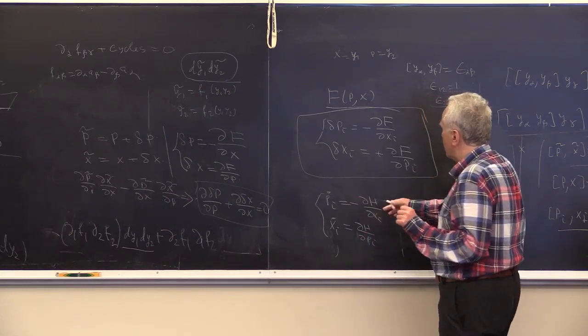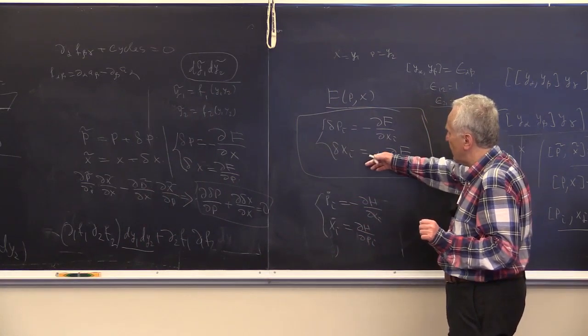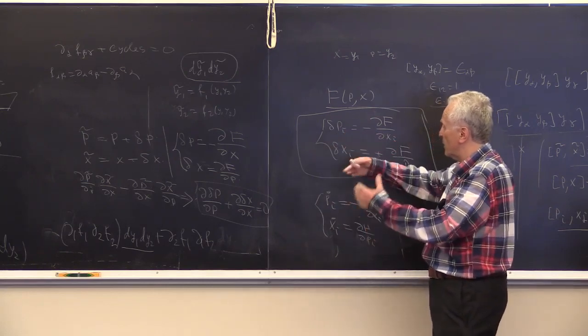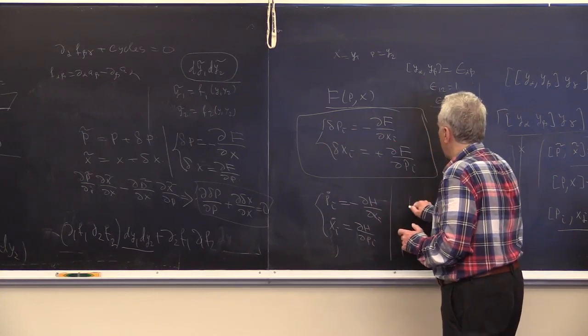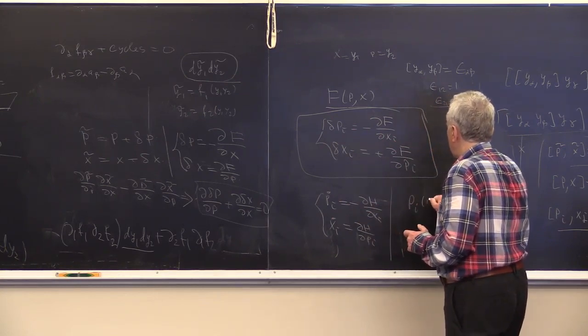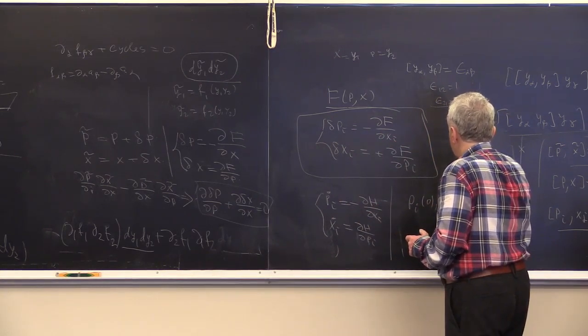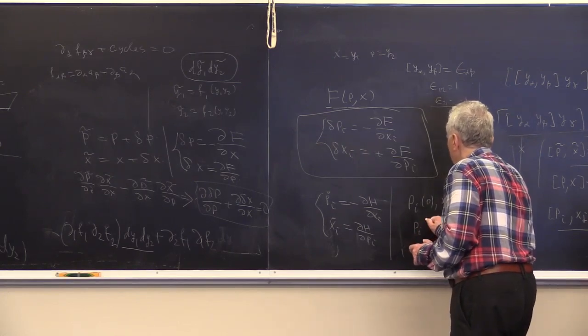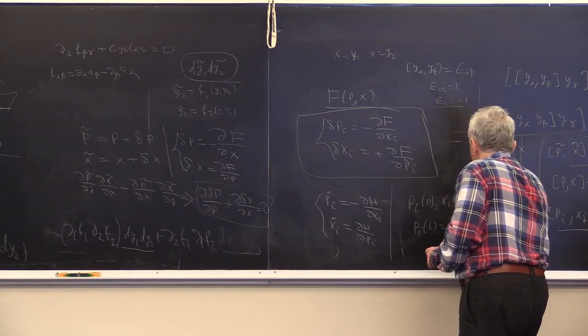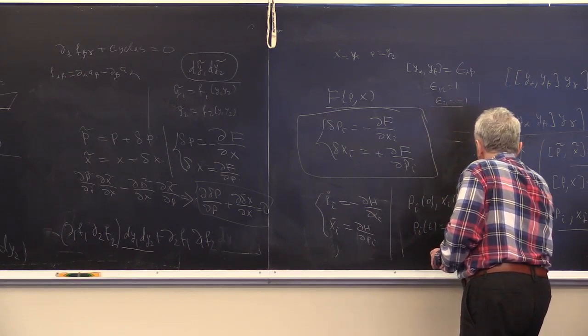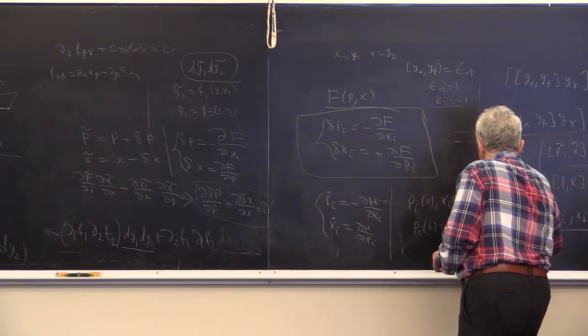So what should be obvious is that the Hamiltonian development is performing canonical transformations on p and x. What I mean by that is, let's take p_i(0), x_i(0) and consider p_i(t) as a function of p_i(0), x_i(0).